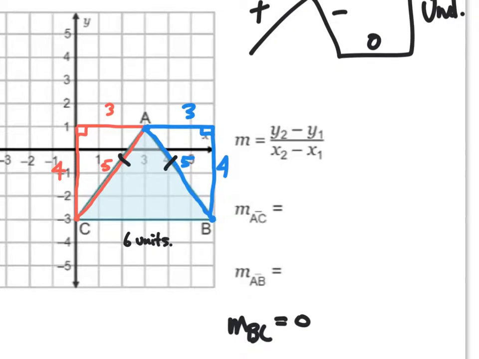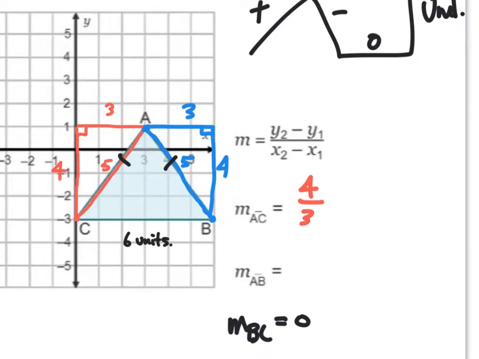So my slope here of AC, I could use the slope formula. I could identify what these points are, but guys, I'm telling you, draw the picture, draw your right triangle. We've already done that, so we already know how many units it rises up, which is 4, so we get 4 over 3, and that's the slope of AC.